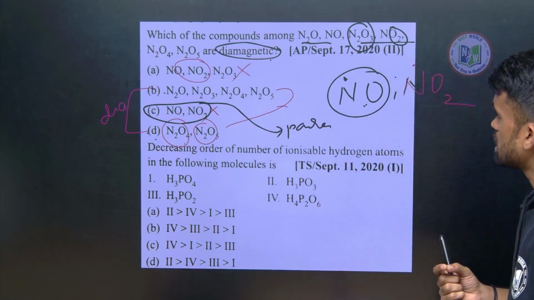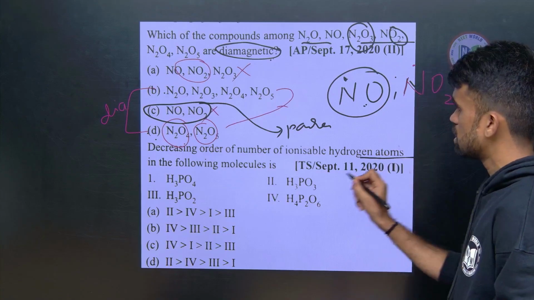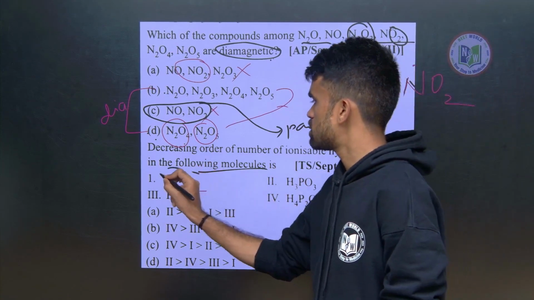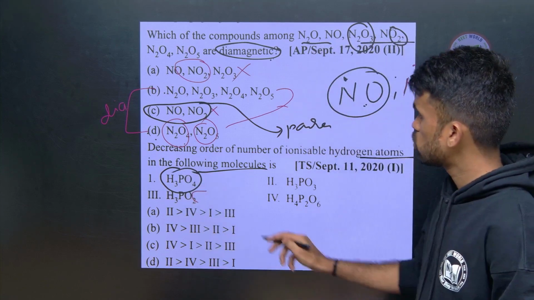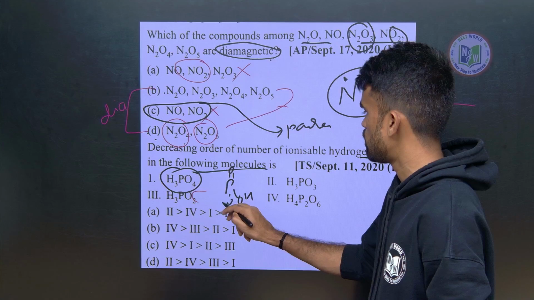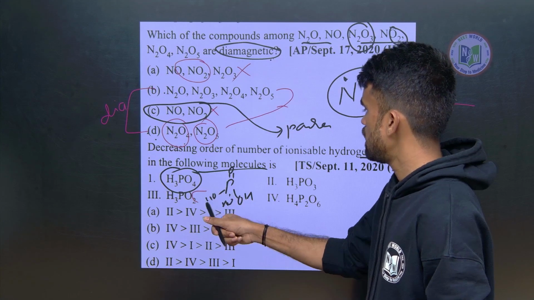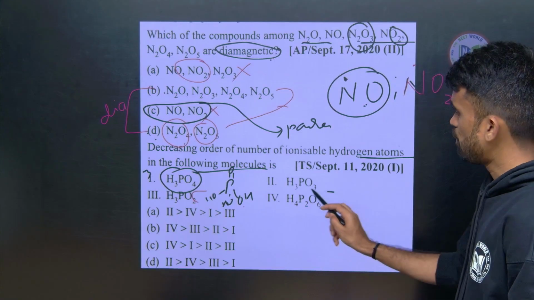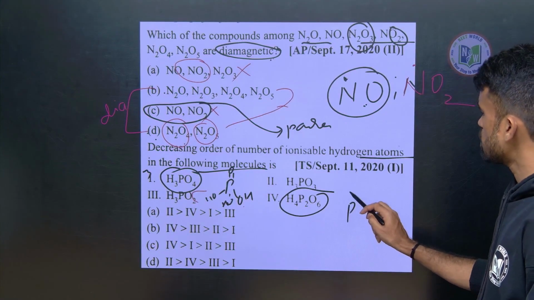Okay, so decreasing order of number of ionizable hydrogens in the following molecules. What is the structure of this compound? Orthophosphoric acid, oxo acids of phosphorus, from the P block elements. These 3 hydrogens are ionizable, so it has valency factor 3, and for this the valency factor is 4.